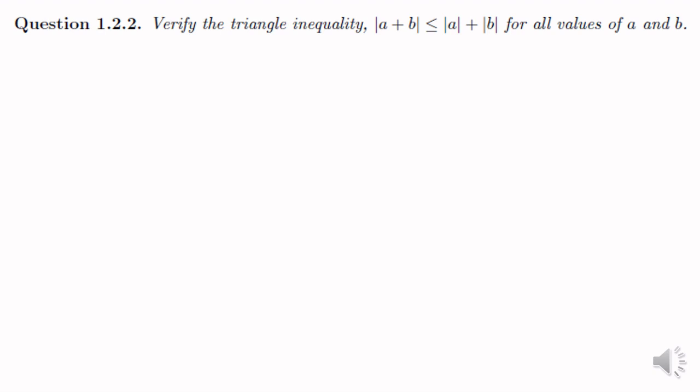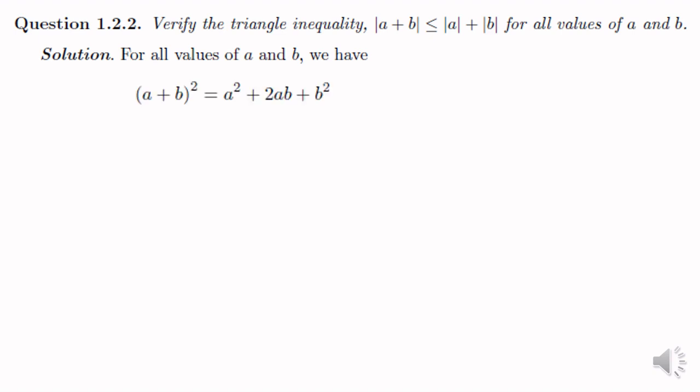Modulus of A plus B is less than or equal to modulus A plus modulus B for all values of A and B. So we start with the identity A plus B the whole square is equal to A square plus 2AB plus B square for all values of A and B. Now we know that modulus of A the whole square is equal to A square, because by the definition of the modulus function, modulus of x is equal to x if x is greater than or equal to 0, and equal to minus x if x is less than 0.